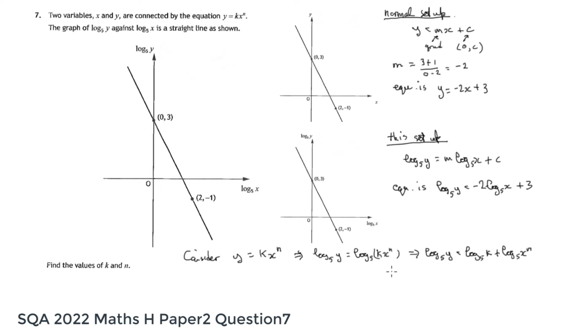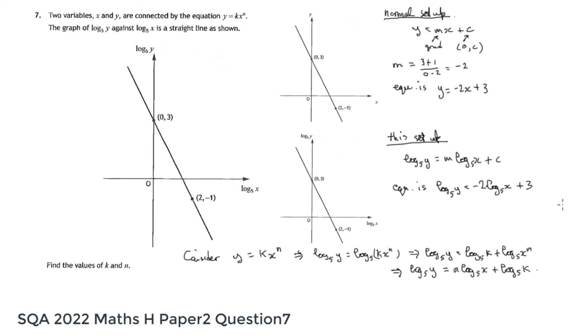So we can keep going with this because we're getting very close to this. Log to the base 5 of y is equal to, and let's do this term first, bring the n down to the front, n log to the base 5 of x plus log to the base 5 k.